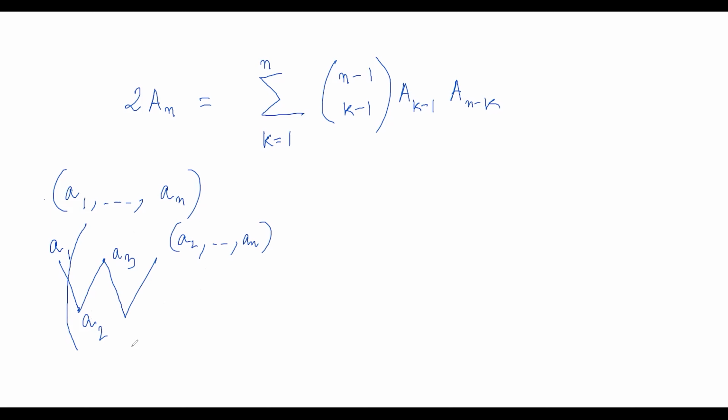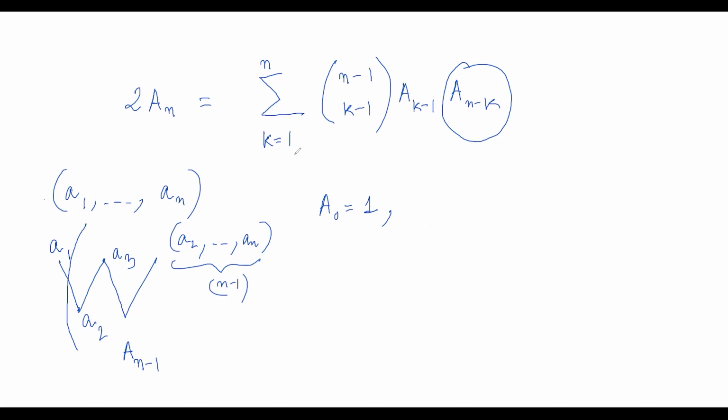And how many such up down sequences are there? a n minus 1, because this length is n minus 1. So when k is 1, this will be a n minus 1, and a k minus 1, that is a0, will be initialized as 1.